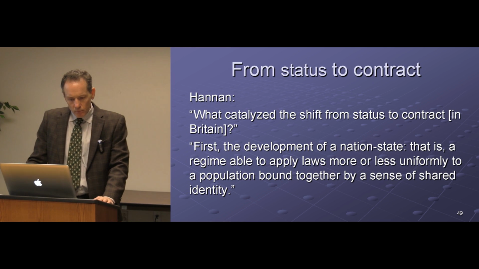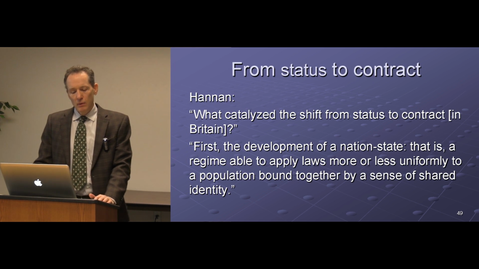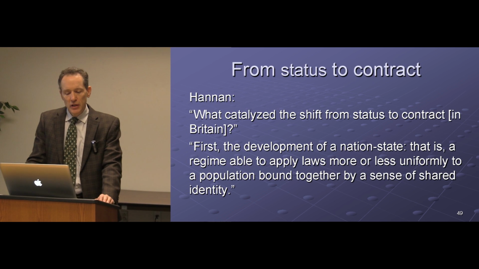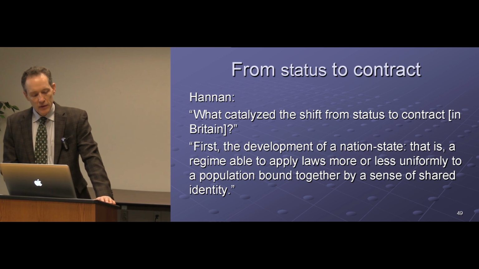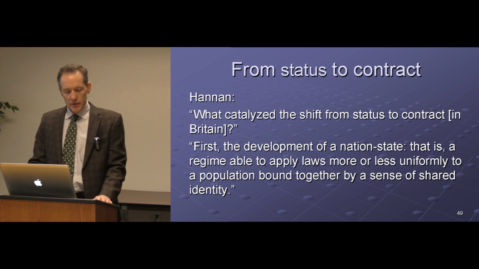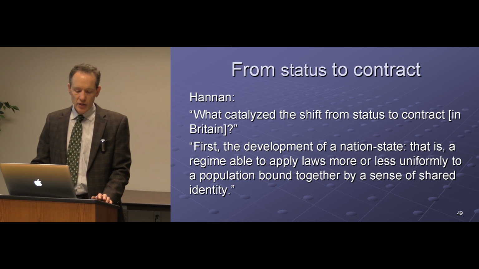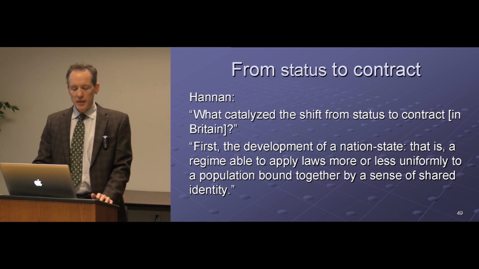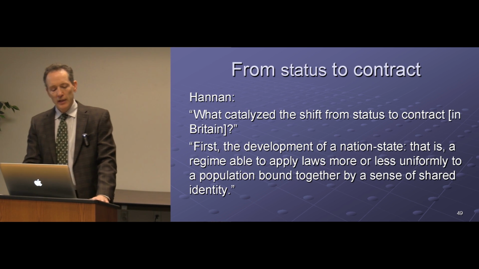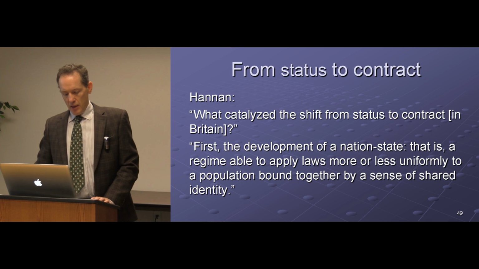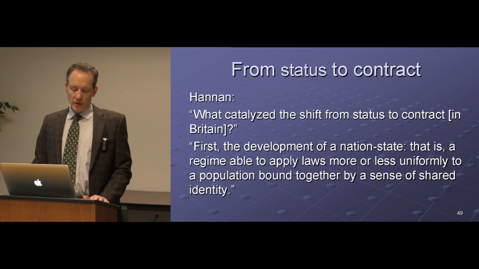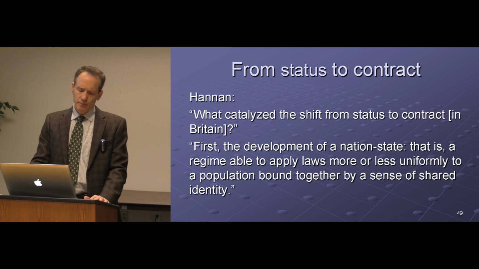Hannan asks, what catalyzed the shift from status to contract in Britain? And he lists 5 things. I'm just going to mention the first: the development of a nation state. That is, a regime able to apply laws more or less uniformly to a population bound together by a shared identity. By a sense of shared identity.